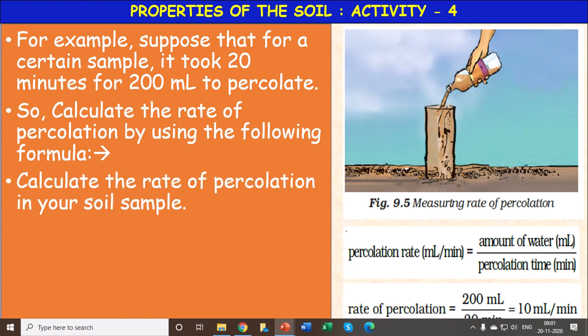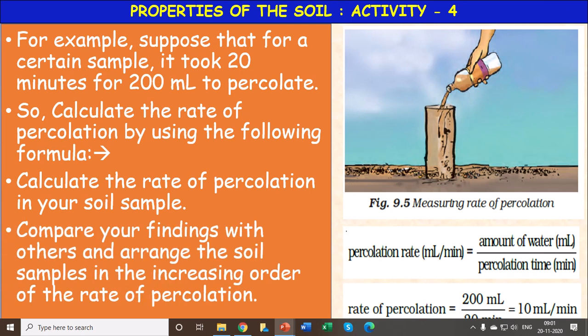Calculate the rate of percolation in your soil sample and compare your findings with others, and arrange the soil samples in the increasing order of rate of percolation.